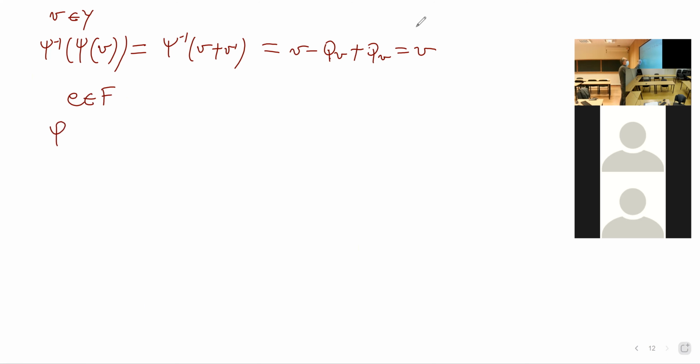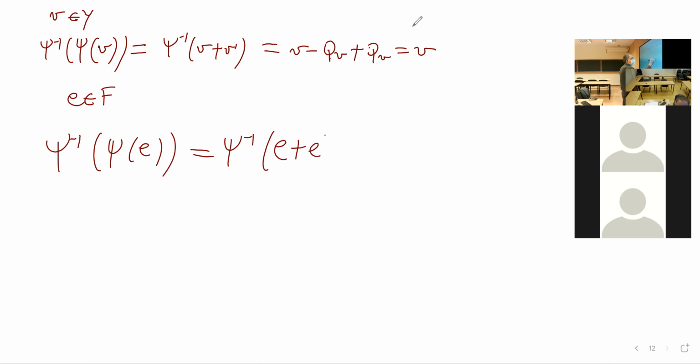And we write psi inverse. No, this is horrible. And you write psi inverse of psi in. That is in F, so we double it. So this is psi inverse E plus prime. And now we have to use this complicated formula.